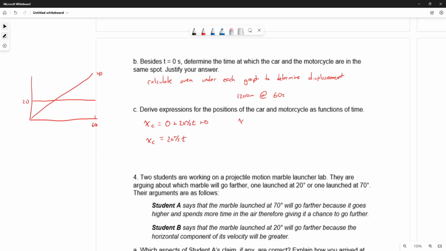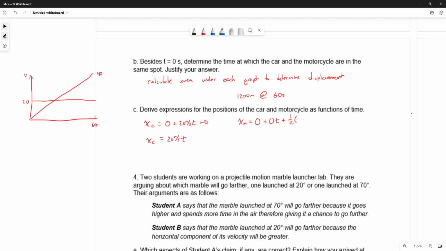And then for the motorcycle, I know that it's accelerating, but I also know that it started at 0 position. Its initial velocity was 0. And its acceleration would be the slope of the velocity graph that we have there. So 40 is my rise, 60 is my run.